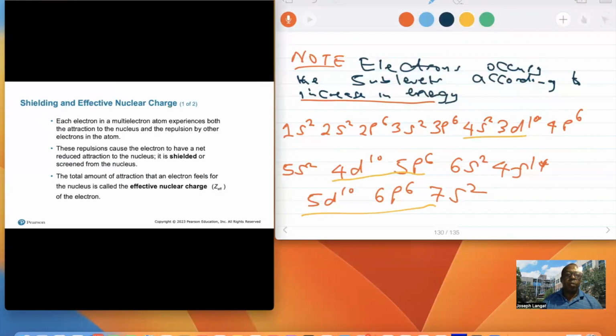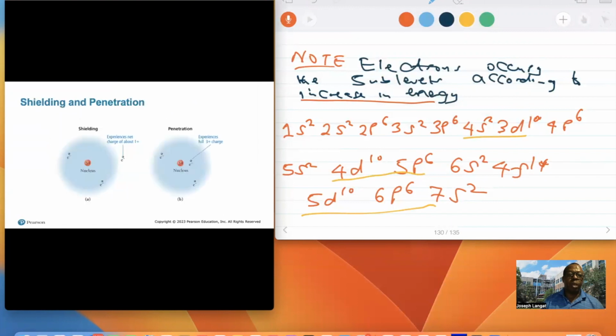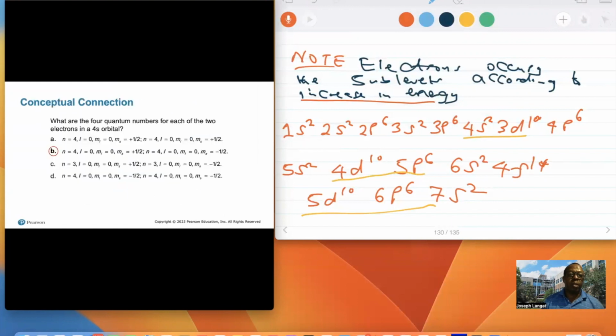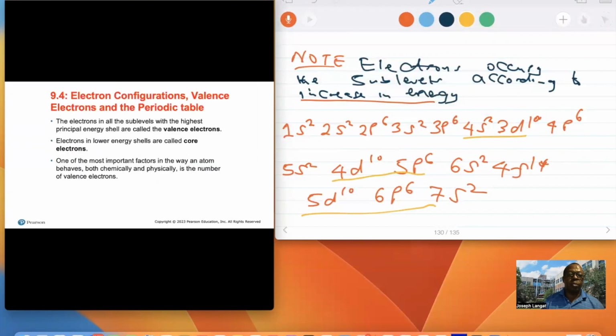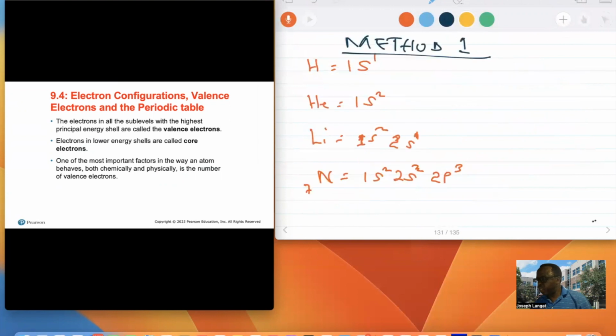So how are we going to use that to fill up? I will get into details on penetration later, but here is what I want us to look at. Let's say for quantum numbers, electron configuration. We have looked at the first one. This is method one, the long one.